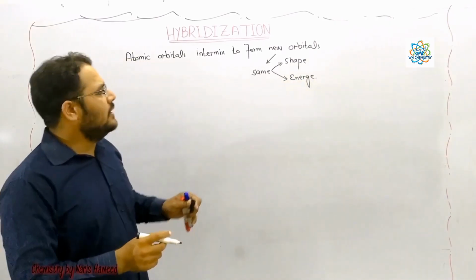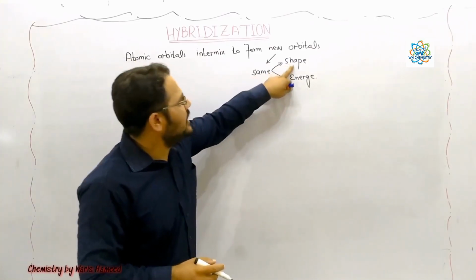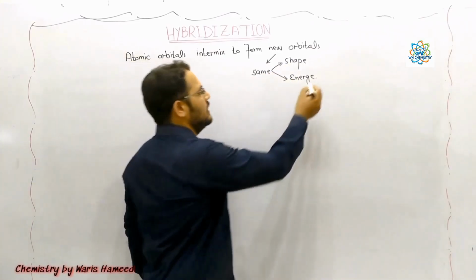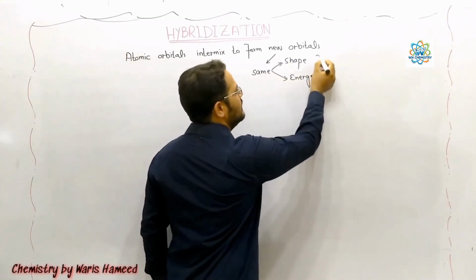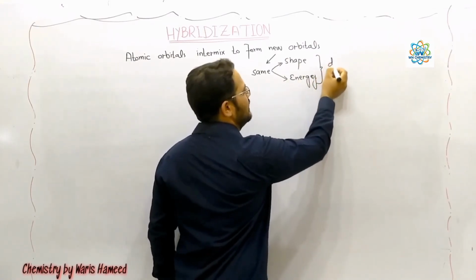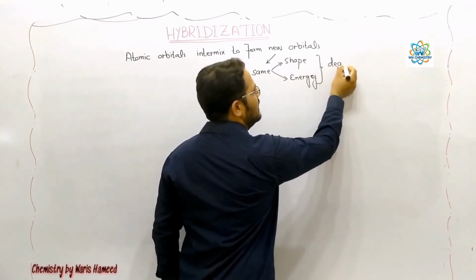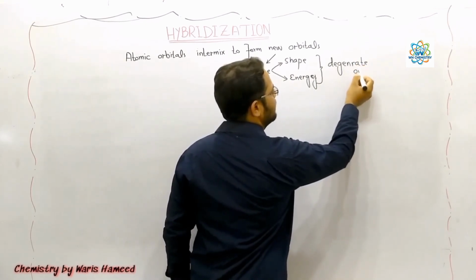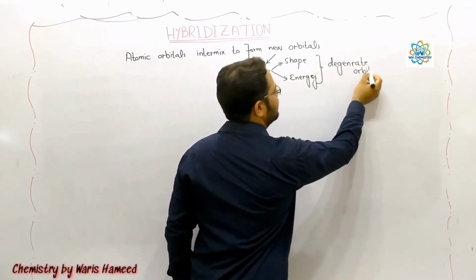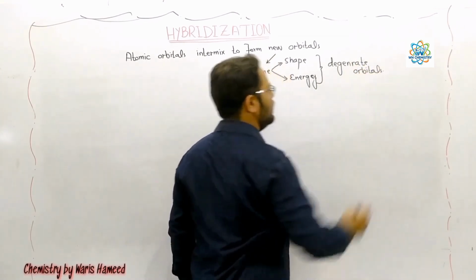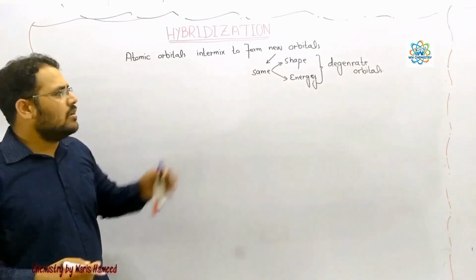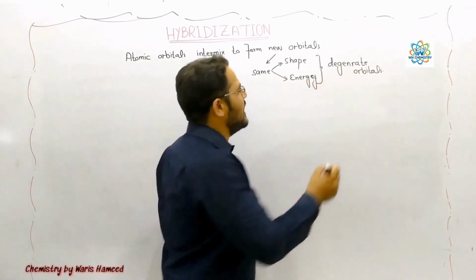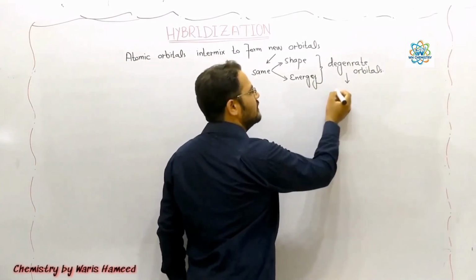If any orbitals have the same shape and same energy, then we can say that these are degenerate orbitals. We also call these degenerate orbitals hybrid orbitals.